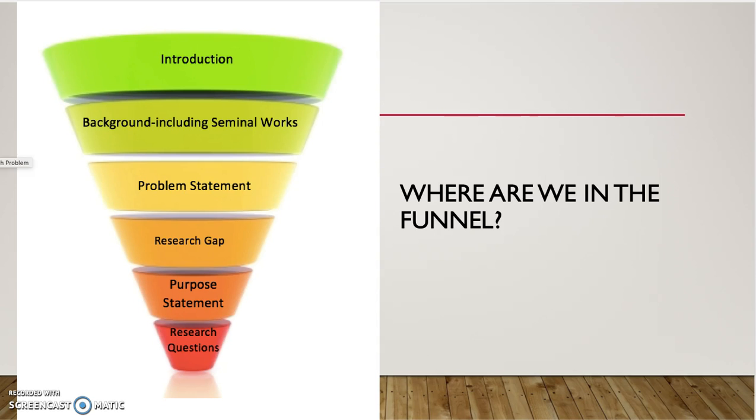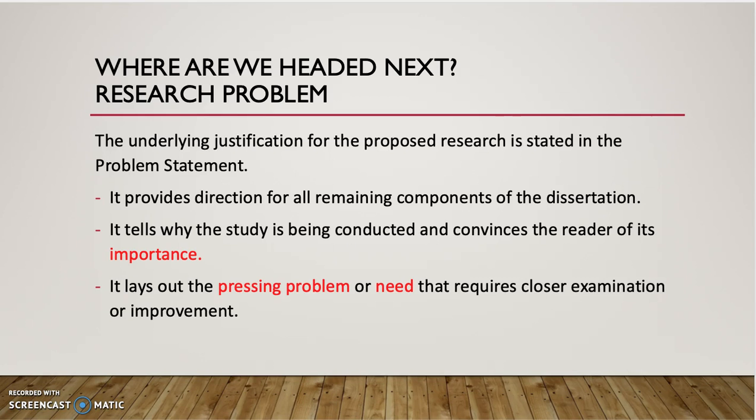This is stuff that we've been working on for a while. And again, it's that situating your study in literature presentation that I did for you at Immersion, where all this starts coming together. So where we're headed with the problem statement is that it is the underlying justification for the proposed research.